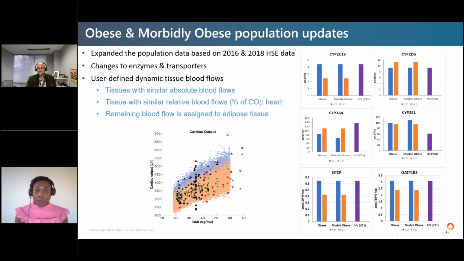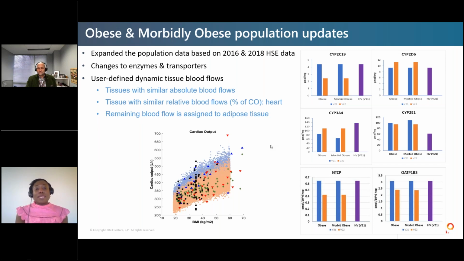One other important thing that we implemented in this version was to better account for the changes we see in blood flow to different organs in the obese population. In a normal population, we have an absolute blood flow to different tissues. But with the obese population, the increase in fat size translates to an increase in cardiac output.